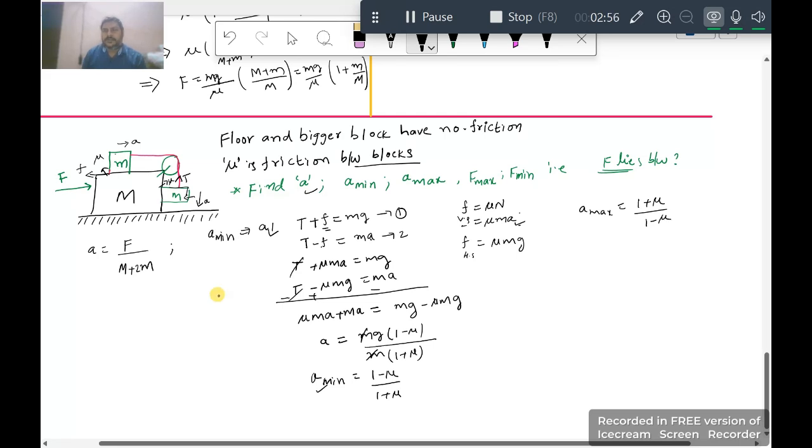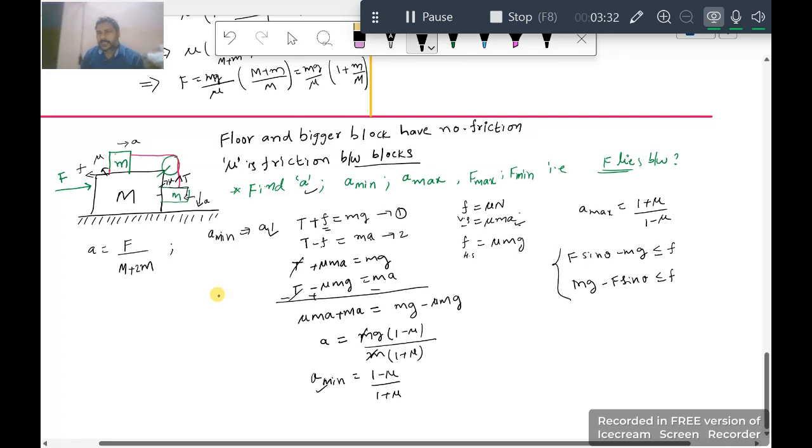And now the F lies between F maxima and F minima. So we know F maxima means F sin theta minus mg is less than or equal to F. And for minimum force, mg minus F sin theta is less than or equal to F. This F is between the capital M and small m, which is suspended here, not on the horizontal surface.